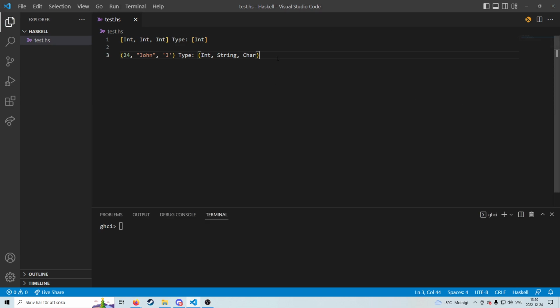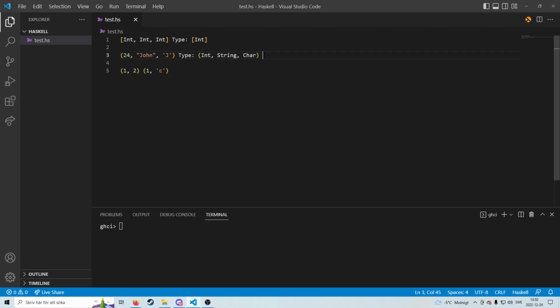Let's say that we had two tuples here. We had one that was just 2 integers, so 1 and 2, and then we had another that was a 1 followed by a character, let's say character C. These two tuples cannot be compared to one another, because remember the type here.